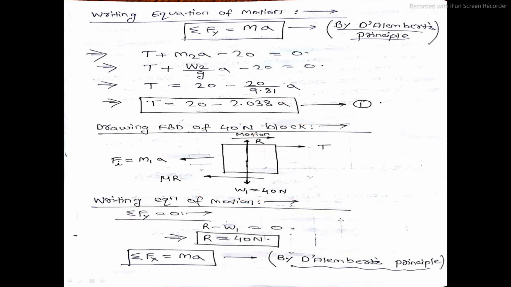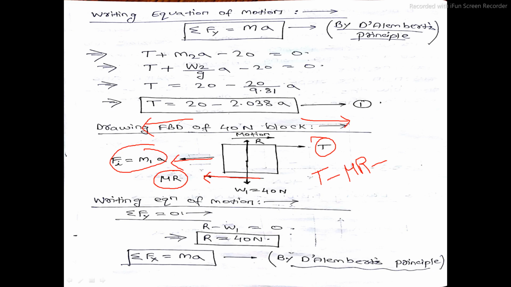Similarly, let us write down summation Fx equal to 0 for this bigger block. I am assuming this side x is positive and this side x is negative. So it will be T, the tension force exerted by the string acting in positive x direction, minus the frictional force acting along negative x direction, that is mu R, minus the inertia force, which is also acting in negative x direction, so minus m1a is equal to 0.